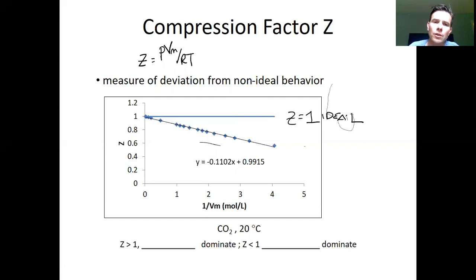If Z is less than 1, the numerator of this equation up here is less than we would expect. The pressure is lower than you would anticipate. And we would infer, right, that in this type of region, attractions dominate. On the other hand, if Z is greater than 1, we get repulsions dominate. So this is going to give us a way that we can describe non-ideal behavior.